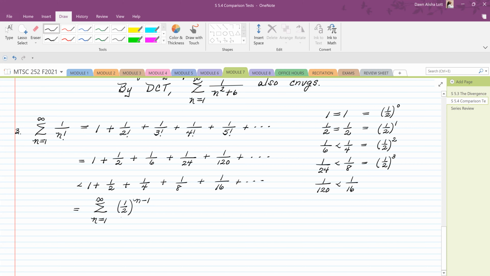Now that's a geometric series. So this right here, we already know. That's a geometric series where the absolute value of r, the absolute value of 1/2, is less than 1. So we know this converges.